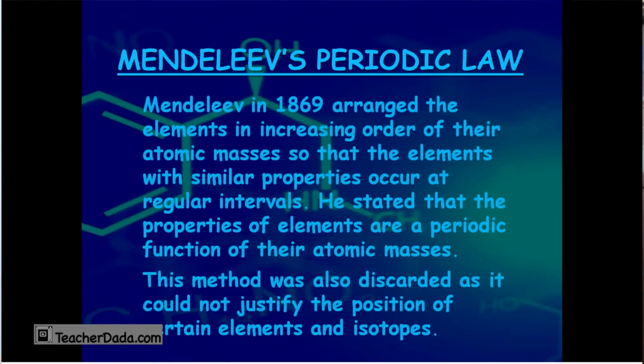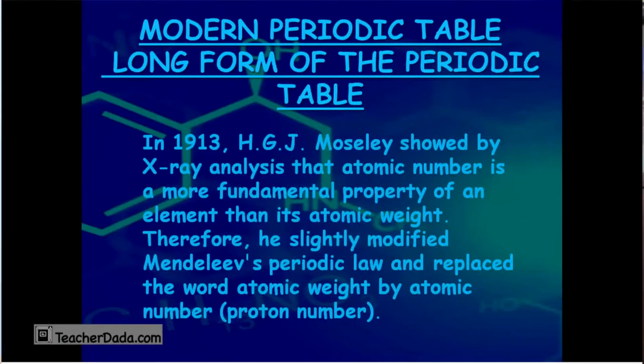Though he was a brilliant scientist and he gave a brilliant arrangement of elements in the table, this table was not 100% satisfactory. Therefore, it was as good as discarded and a new periodic table was made, which is known as the modern periodic table or the long form of the periodic table.